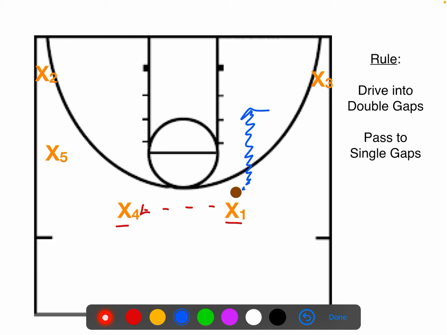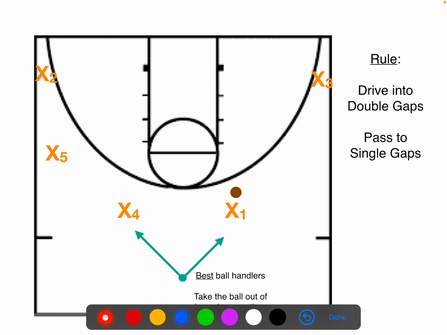Now, it's not to say that we would never, ever, ever pass in a double gap. I mean, I guess you could, and it's not like everyone would stop and be lost, but we primarily want to pass through single and drive through double gaps.